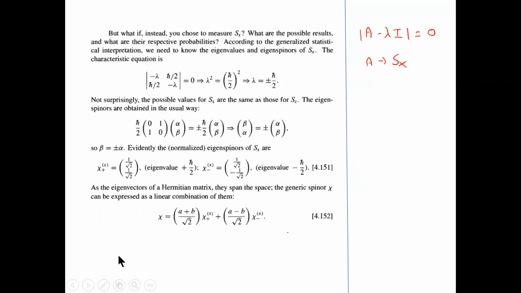It sets the multiplicative factor before chi plus to be (a plus b) divided by square root of 2, and the factor before chi minus to be (a minus b) divided by square root of 2. So here we found the eigenspinors for the Sx case also. This completes the spin theory for particles with s equal to half.